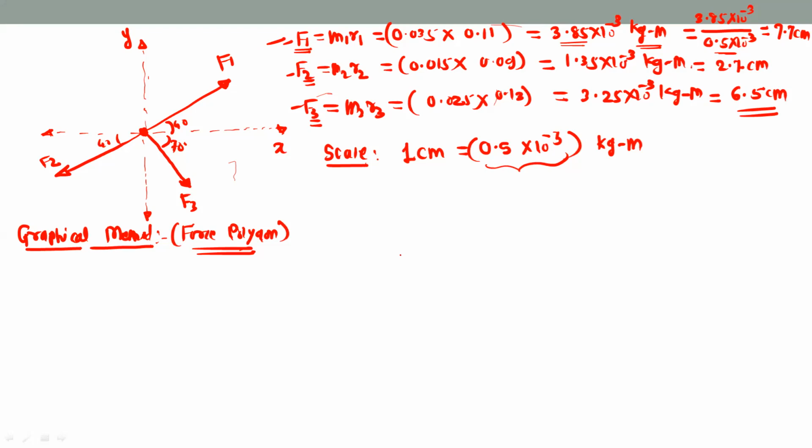Now draw the force polygon. So F1 is 7.7 centimeter. F2 is 2.7 centimeter. F3 is equal to 6.5 centimeter.